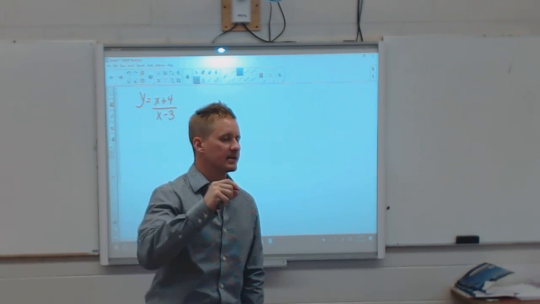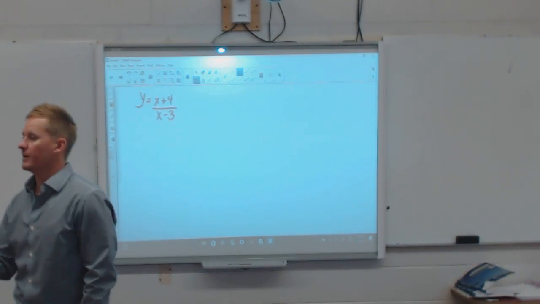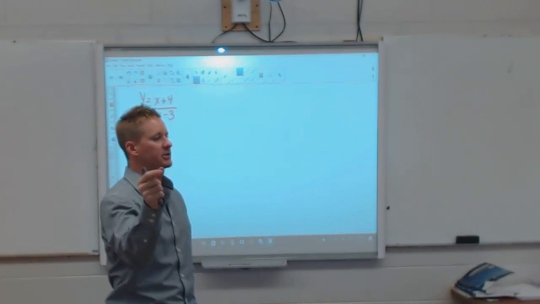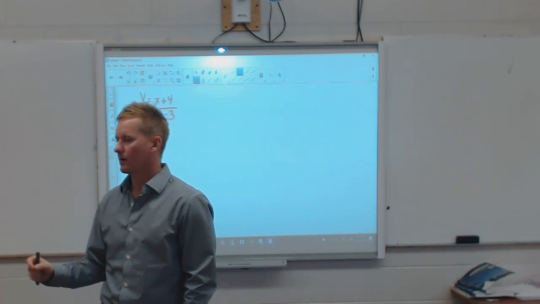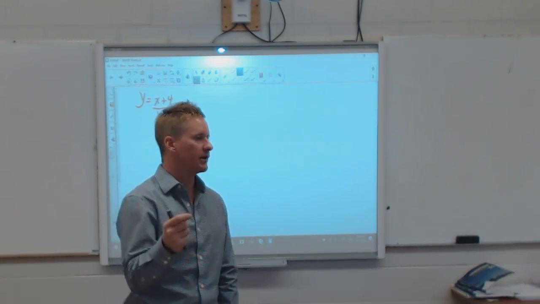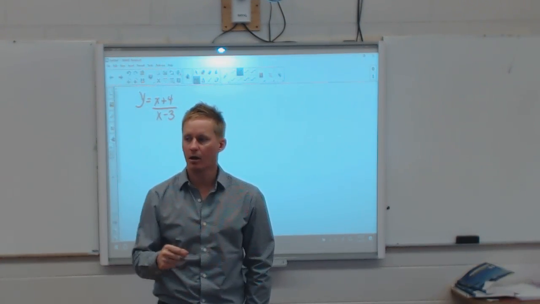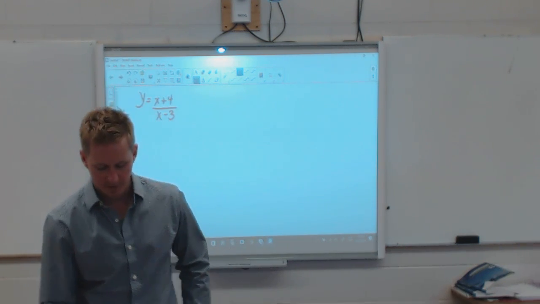Now, the factor doesn't mean the numbers have a common factor. It means the terms. Which means you have to have exactly the same on the top as you do on the bottom. X minus 2 over x minus 2, that's a common factor. X plus 3 over x minus 3, not a common factor. The entire term has to be a common factor.